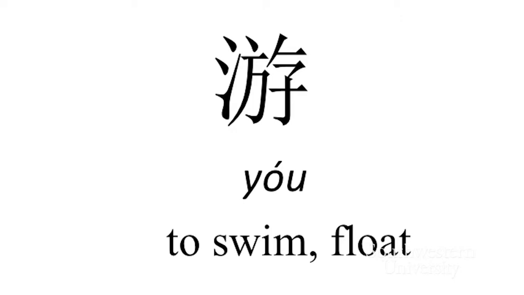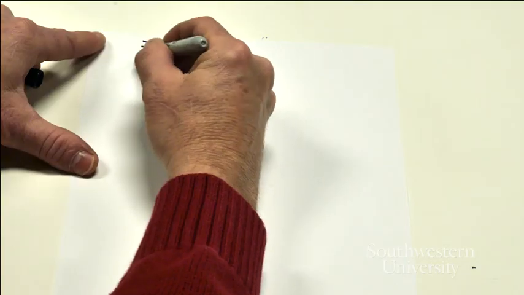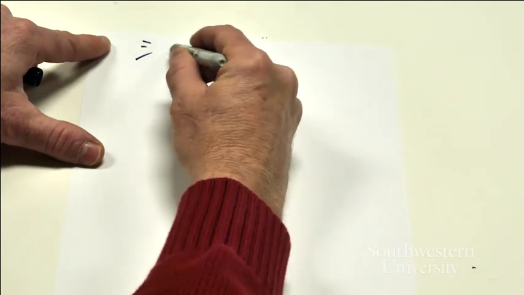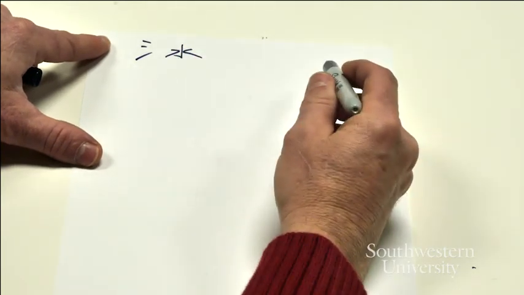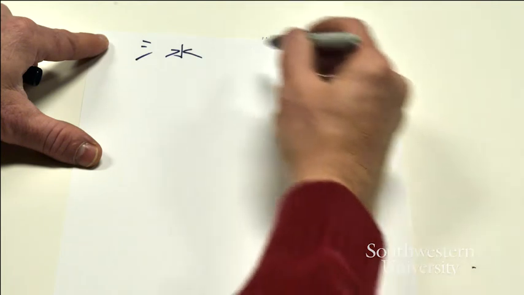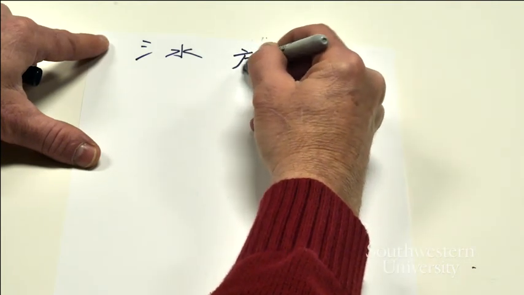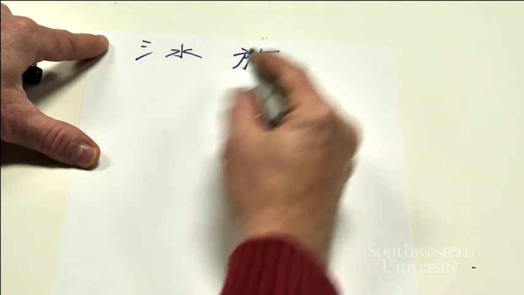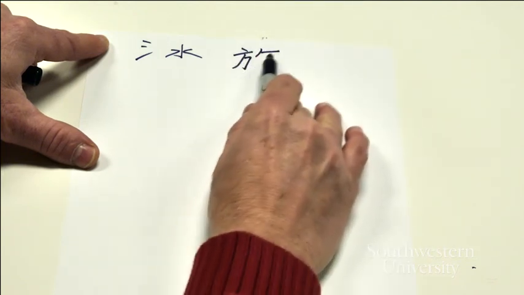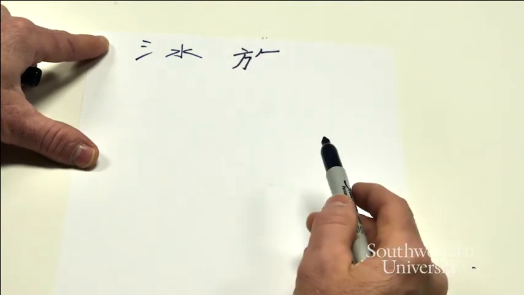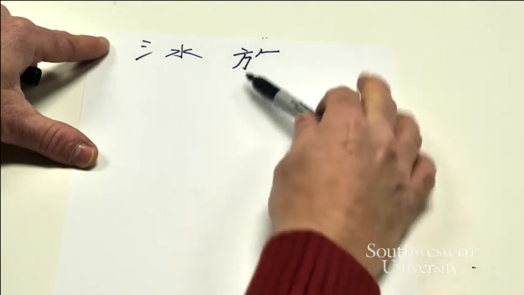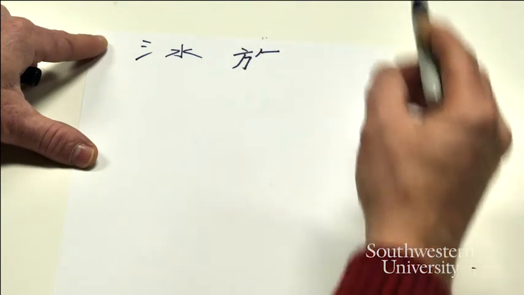The next character is an interesting one. We have the sandian shui, three drops of water again. On the right-hand side, we have two components that are placed together. So this is a fang, but it is not originally related to fang. This anciently is one component joined together, which means a flag.